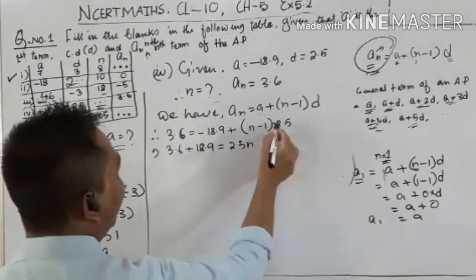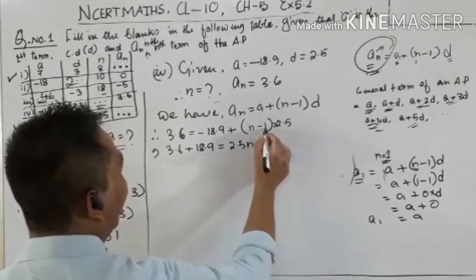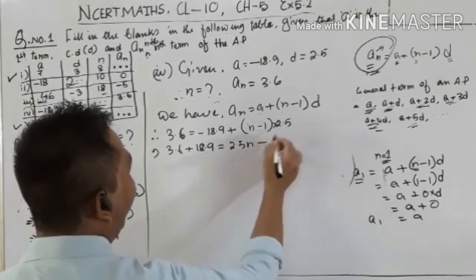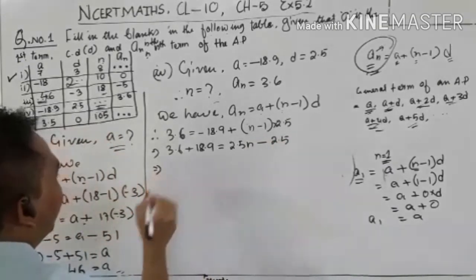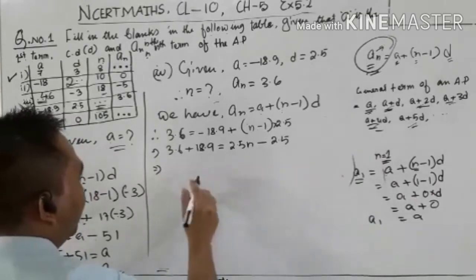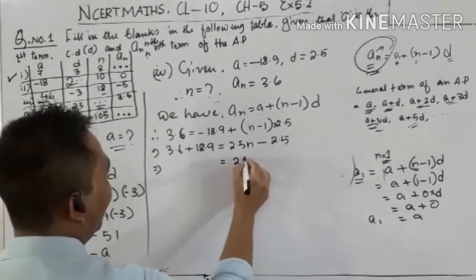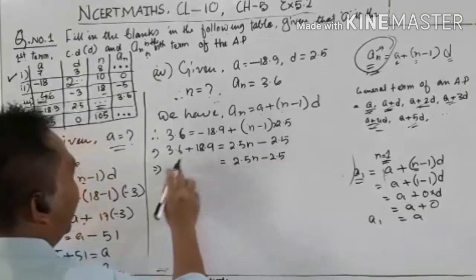And then minus into it, so negative will come. 1 into 2.5, that is 2.5. So it will be 2.5n minus 2.5.